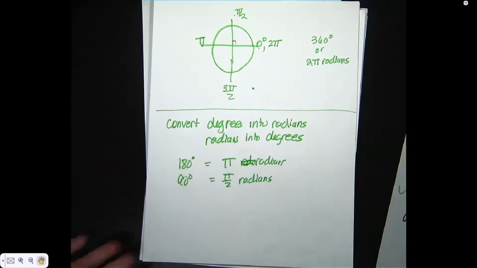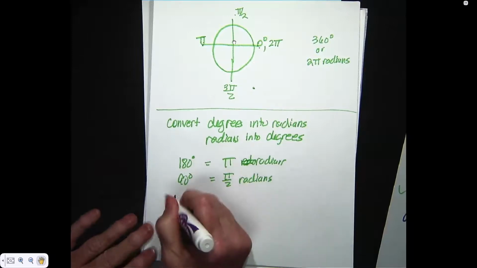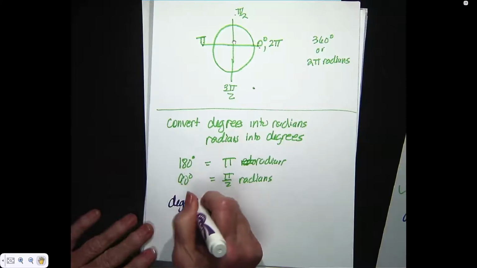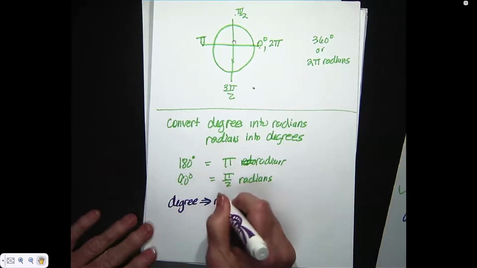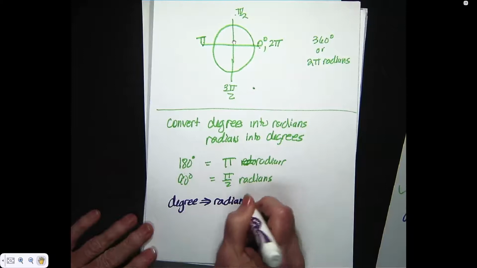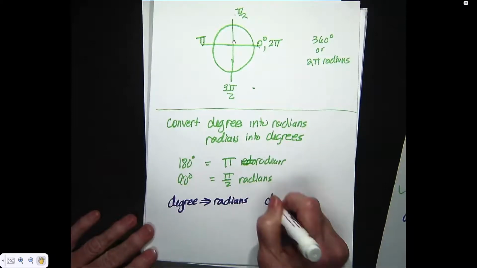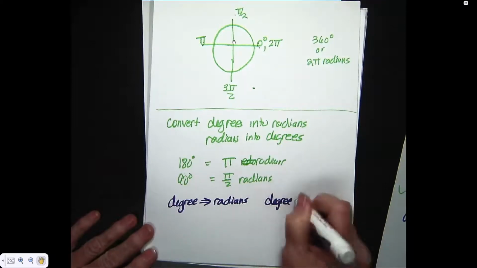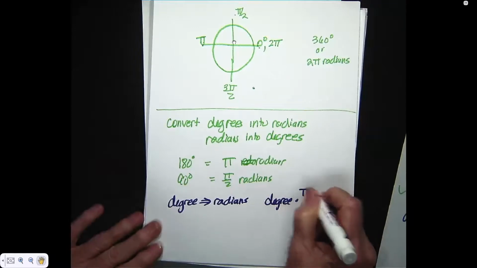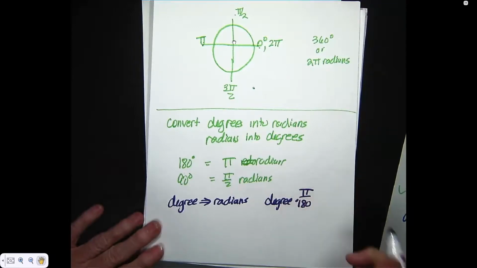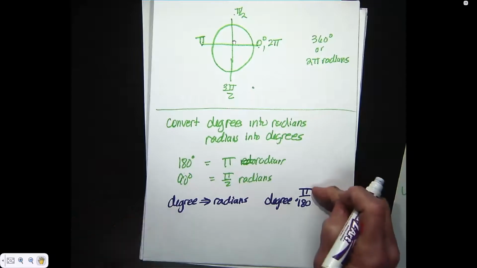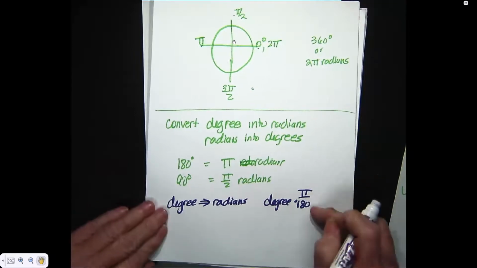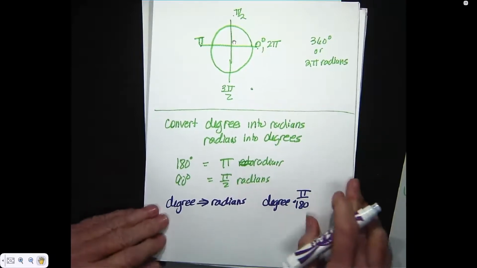If I want to go from degrees into radians, you're going to take the degree measure and multiply by pi over 180. Pi would be half the circle in radians, 180 is half of the circle in degrees.